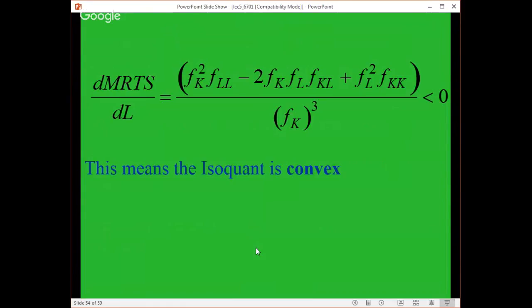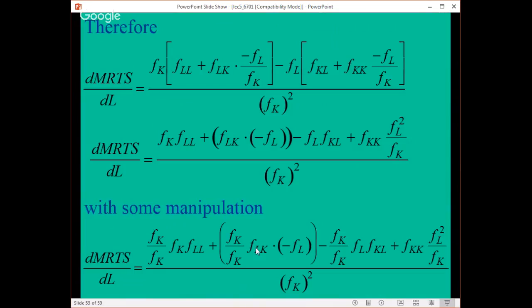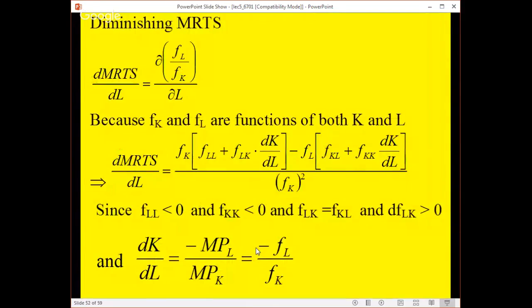How do we see that? Well, let me go back a second. We assumed from our diminishing marginal product that the second derivative with respect to labor is negative, and with respect to capital also negative. But the first derivatives were positive.